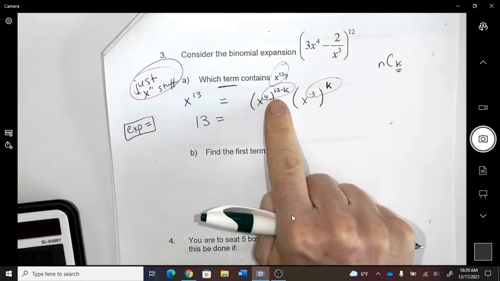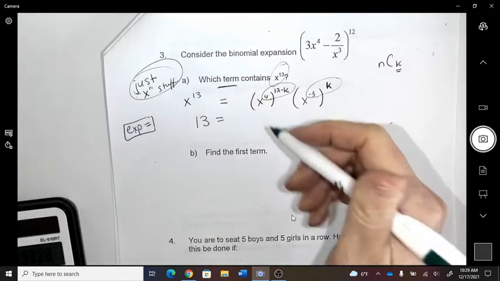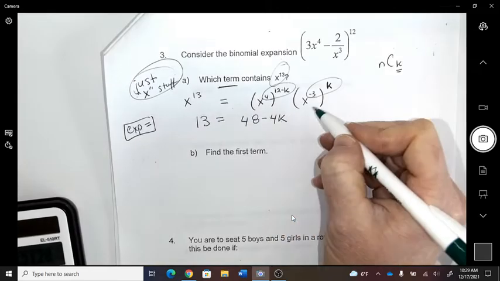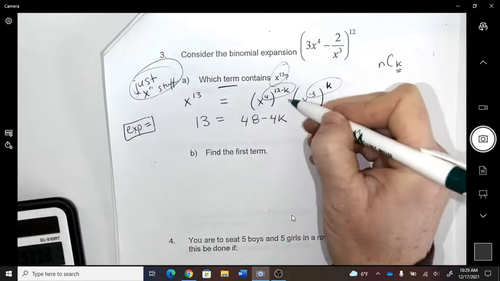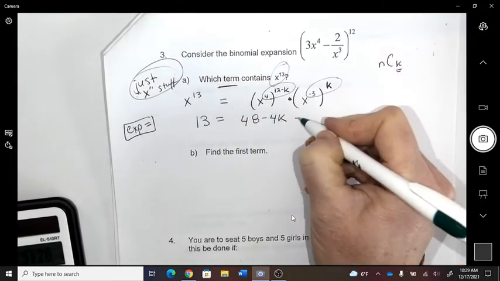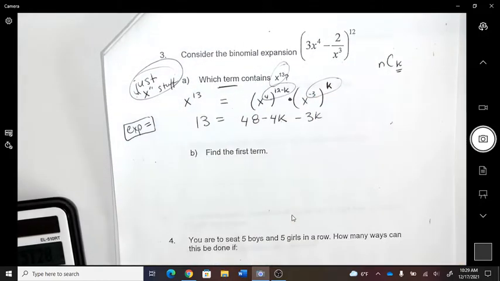This would be multiply. So 48 minus 4k. And then since those are multiplied, I would add, and then I'd have to multiply that. Okay, so 13 subtract 48.